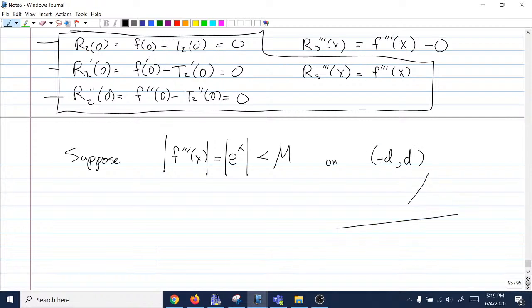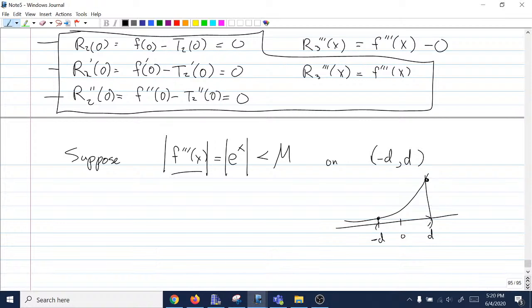I can't show that e to the x is close to the polynomial everywhere, so I'm going to try and show it's close to it on some little region from negative d to d. And I'm hoping that the third derivative is not too big on this region, or if it is big, I'm just giving a name to that bigness.